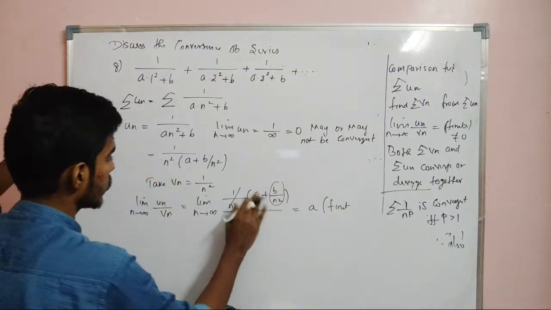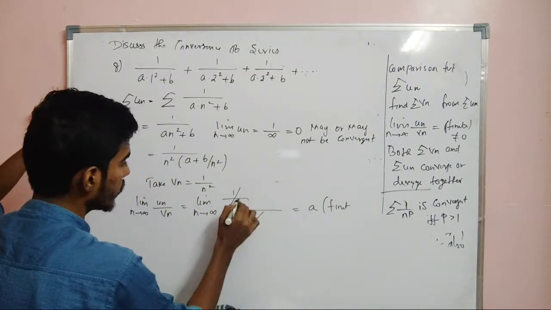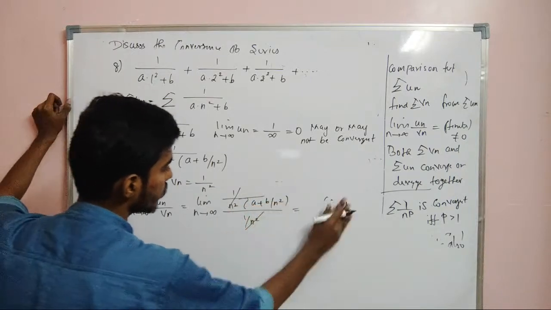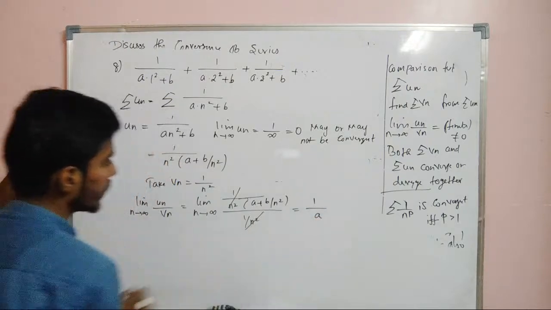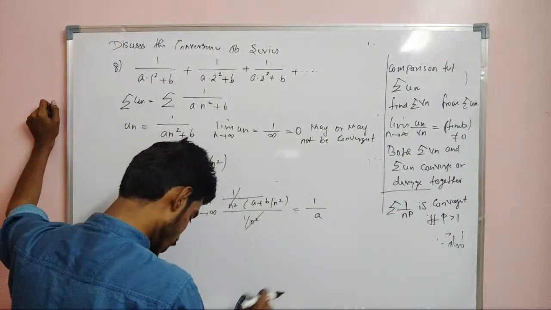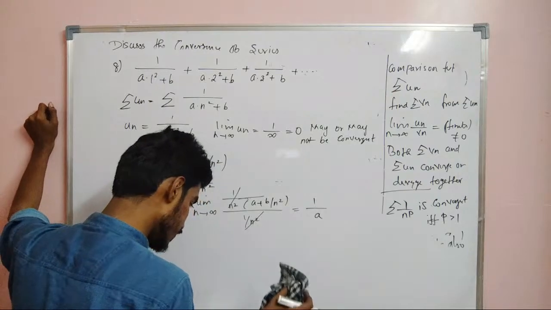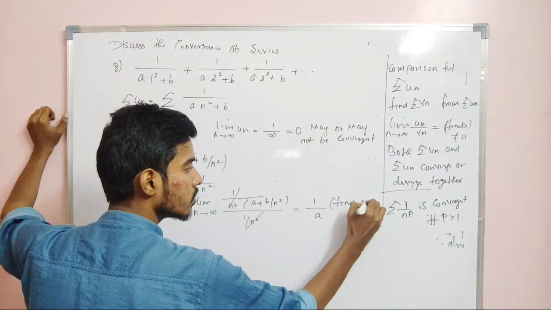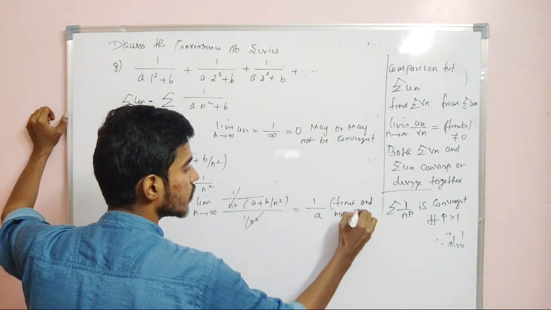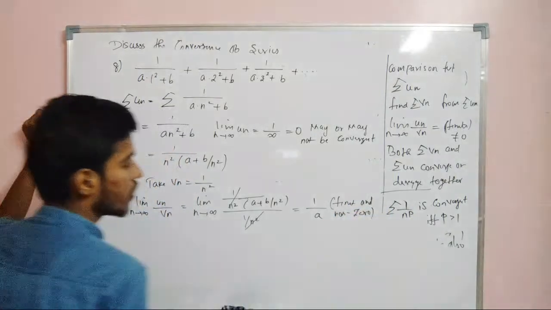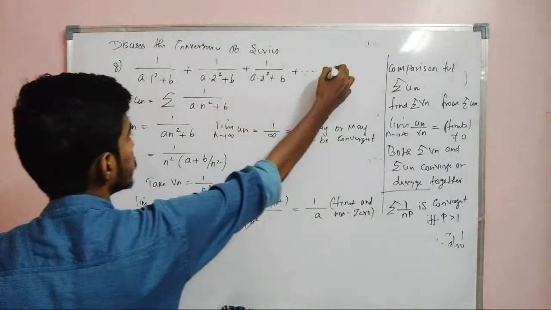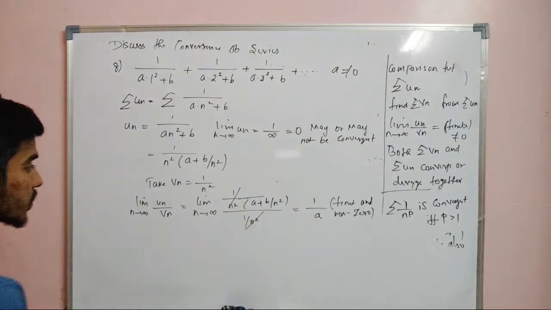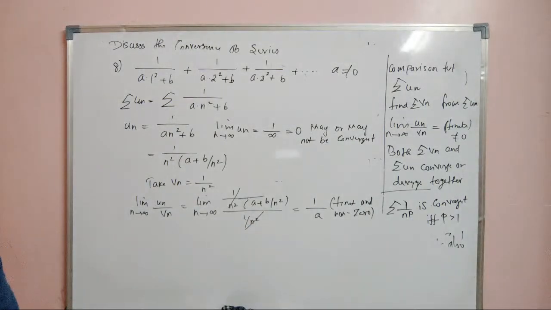Sorry, it is 1 by n square into a plus b by n square, so it is in the denominator. So this is equal to 1 by a, which is finite and non-zero. Actually in the question they have to mention that a is not equal to 0, then only this is valid. So both un and vn behave alike.